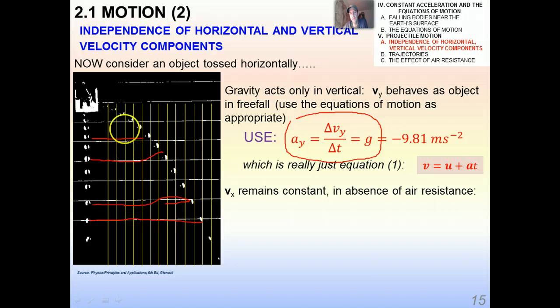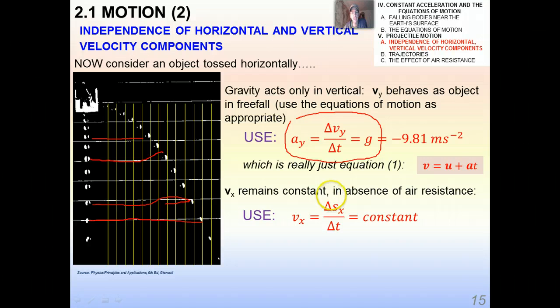I know this because if we assume, rightfully so, that the time interval between photographs is constant, and if the horizontal displacement between the balls is constant, which it appears to be, then that can only lead to one conclusion, and that is the horizontal velocity is constant.